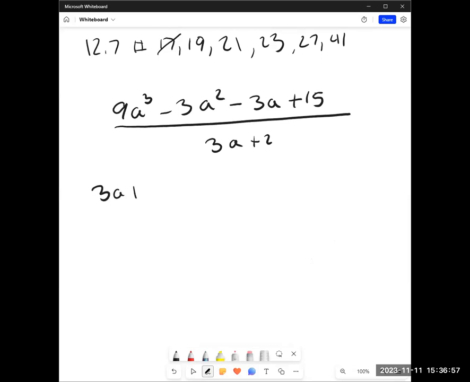Three a plus 2 goes on the outside, and 9a to the third minus 3a squared minus 3a plus 15 on the inside.